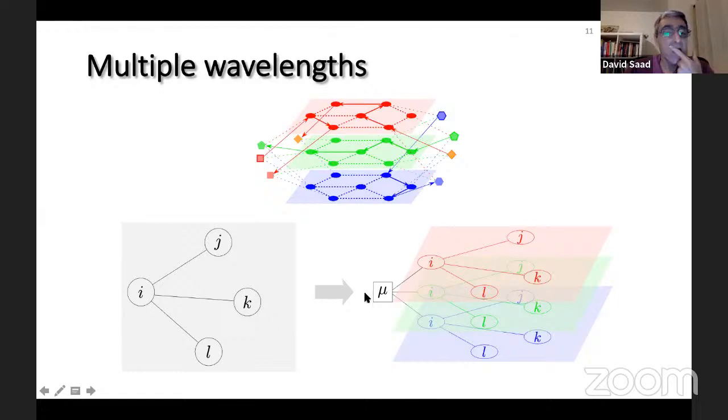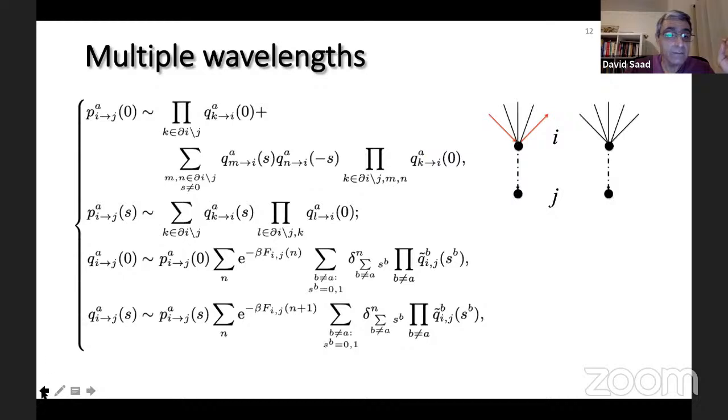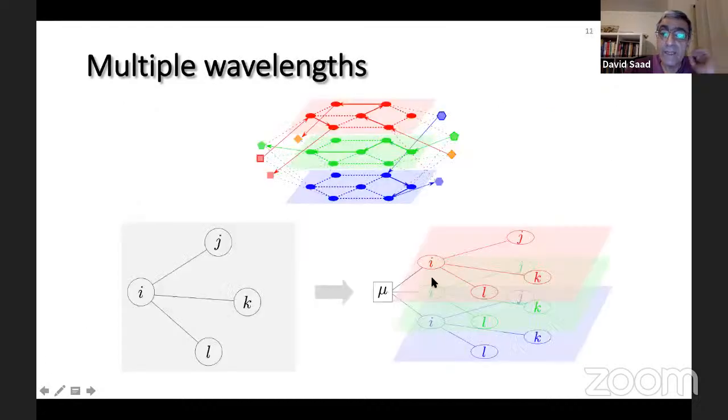But initially, we pass messages from each one of the communications to all of the nodes. If the message mu starts from node I, for instance, so we are connected to node I, and we pass messages both from the communication itself to the nodes, and also from the nodes to one another.